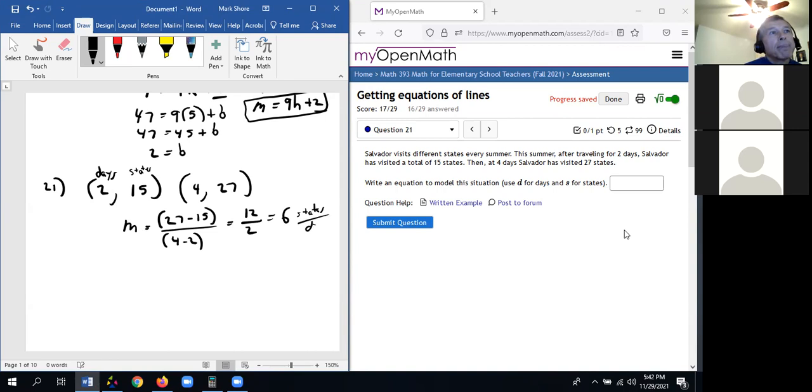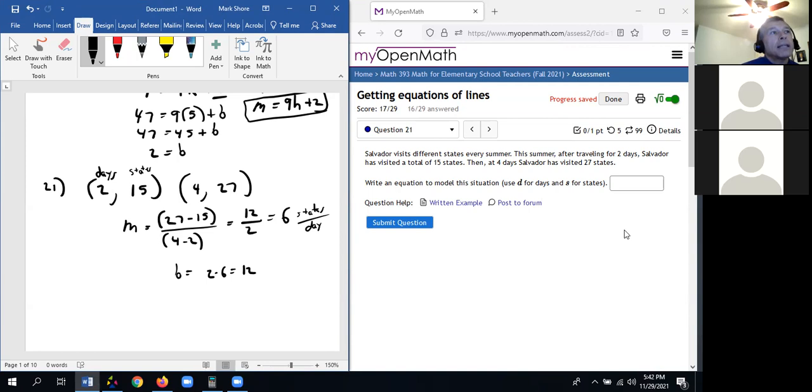per day. And then to get the y-intercept, again, 2 ways of doing that to get the b. We could just back it off 2 days, 2 times, we could take 2 times 6. See, the 2 days at 6 states per day gives you 12.